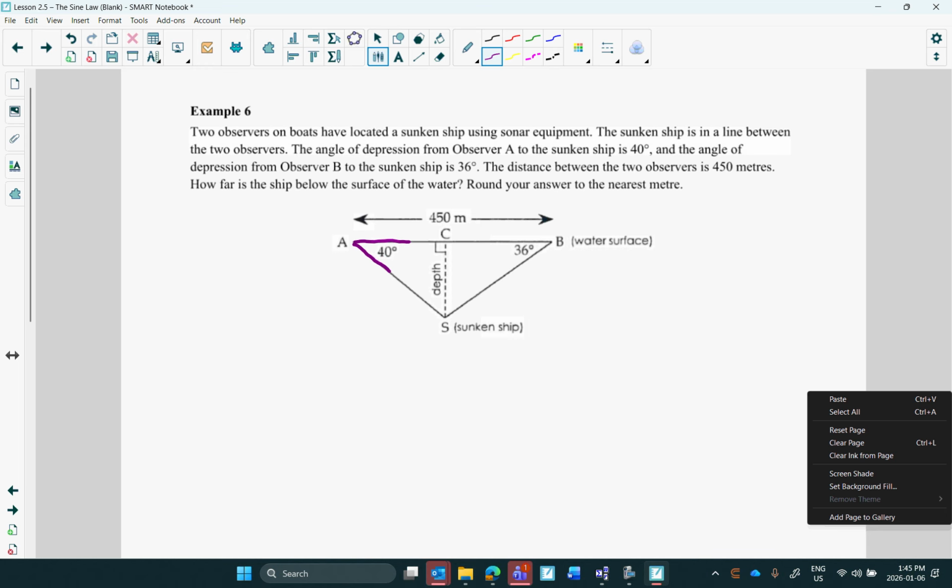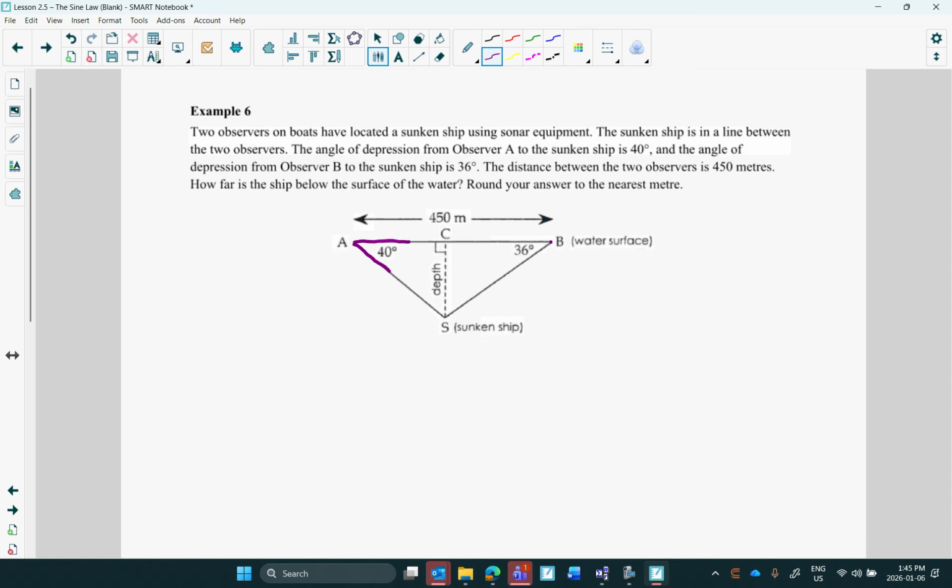From observer B, his angle of depression, so the angle from the water line with the line looking down at the sunken ship, is 36 degrees. We're also told that the two boats, or the two observers, are 450 meters apart.